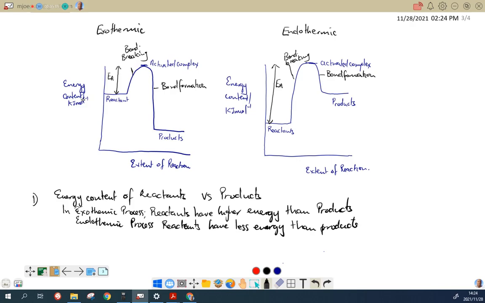The other thing you are going to be able to recognize is that the activation energy, EA, of the forward process for the exothermic reaction is less than that of the forward process for the endothermic reaction.